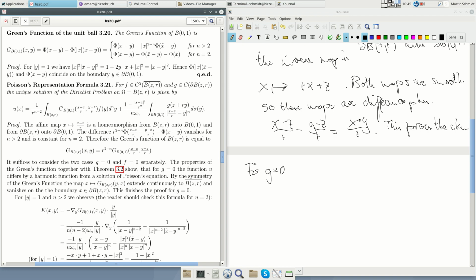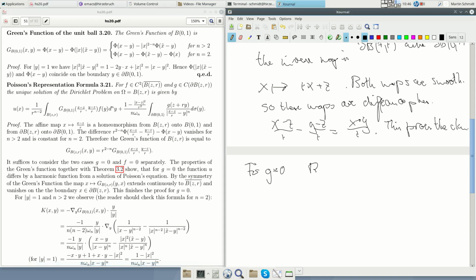We know by the second property that it extends continuously to the closure of the ball and vanishes at the boundary. So if x approaches the boundary, then this vanishes by the symmetry of the Green's function.